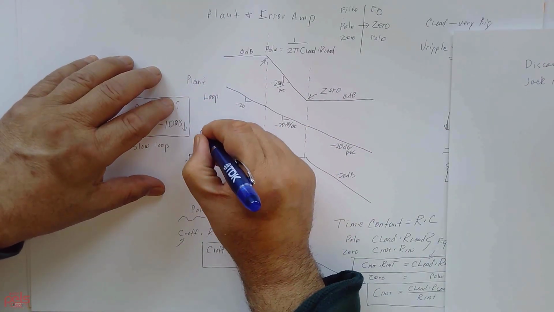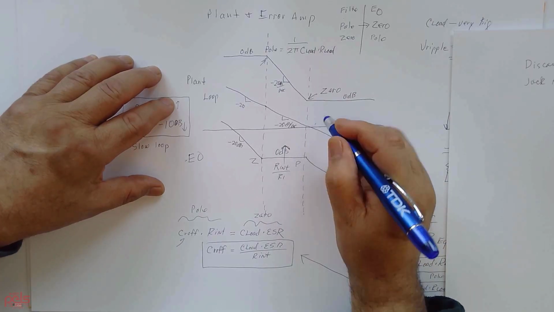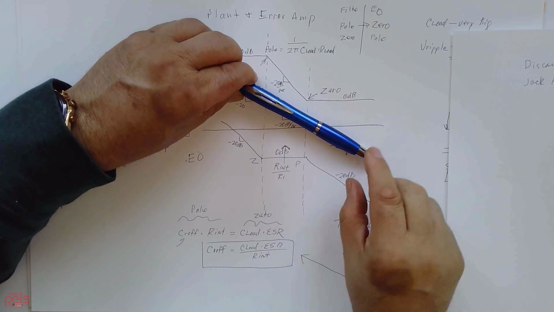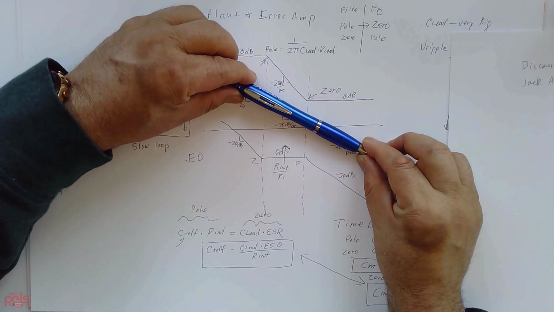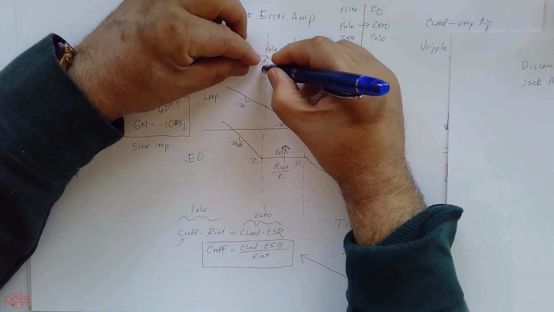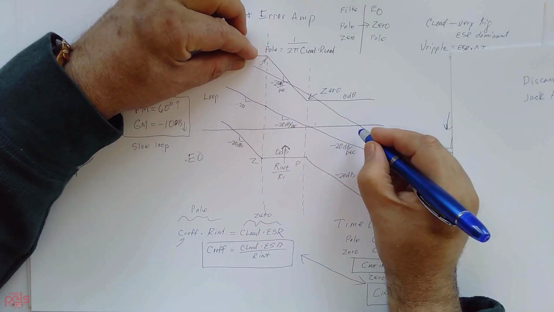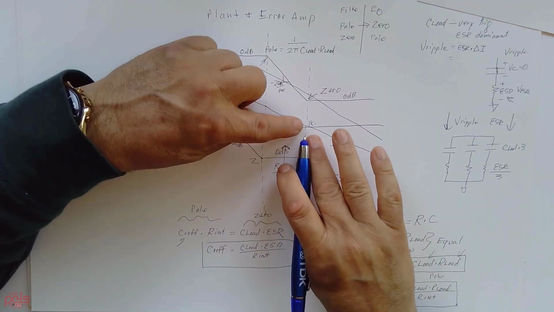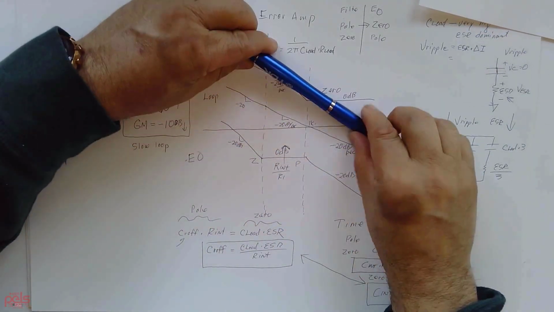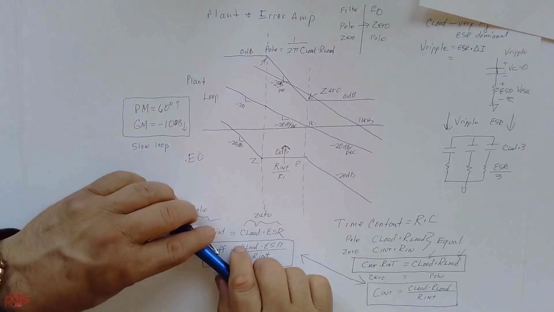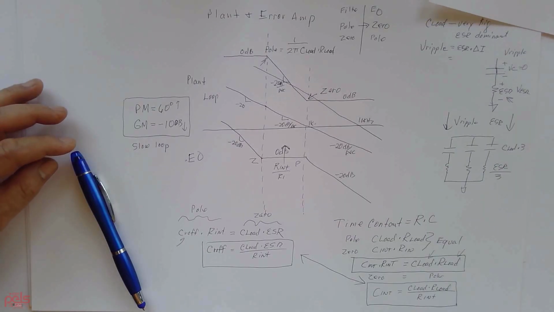Let's say this is the 0 dB line; you have higher gain, so now instead of crossing at 1 kilohertz, if you raise the bandwidth, you'll cross at 10 kilohertz. I understand. That's what it does.